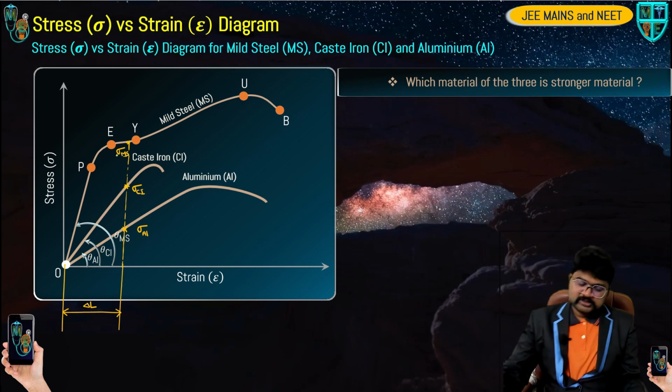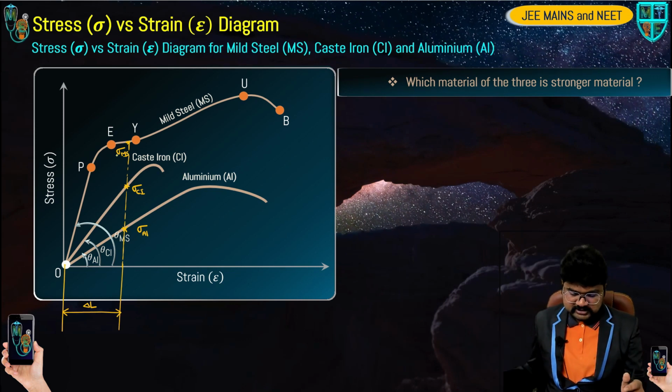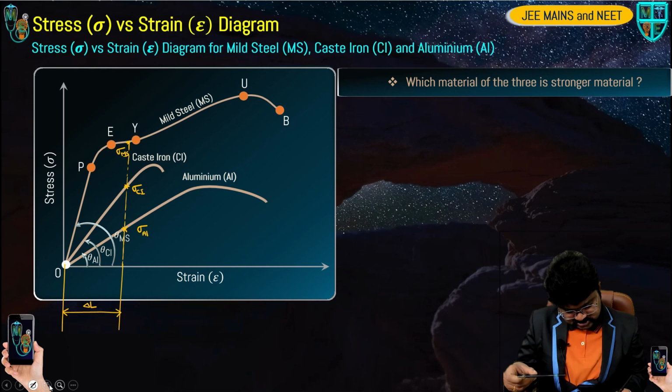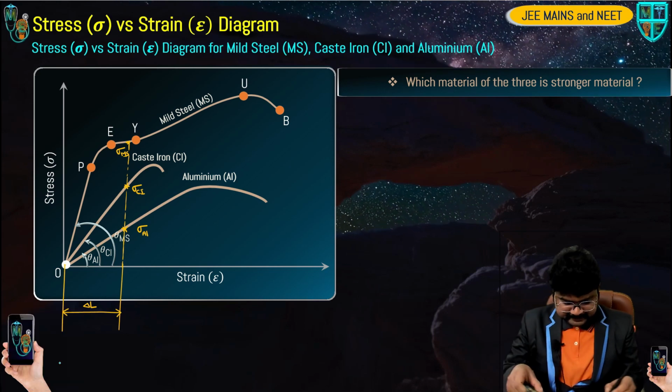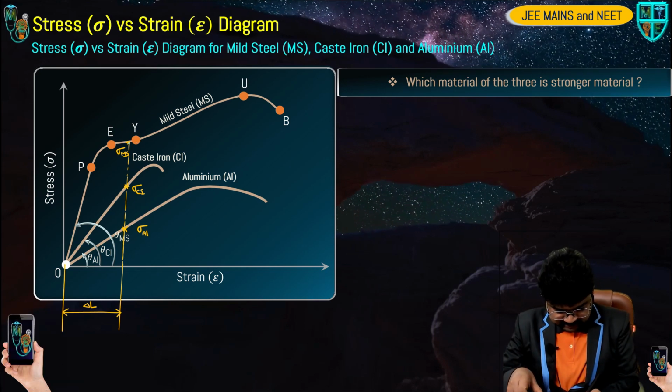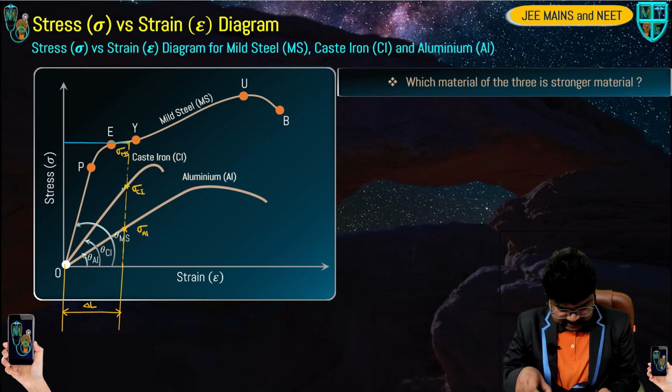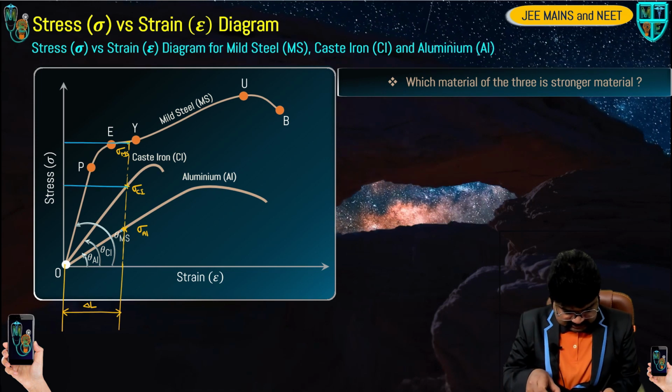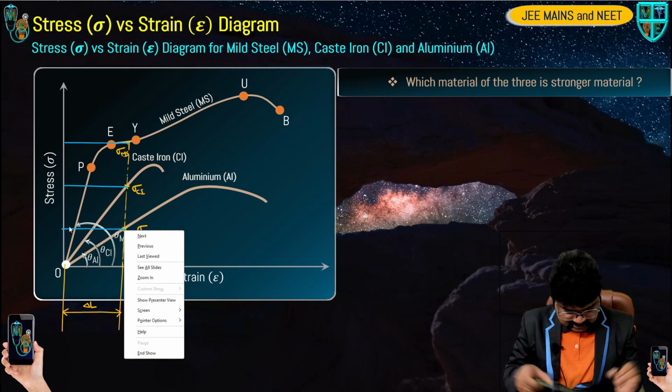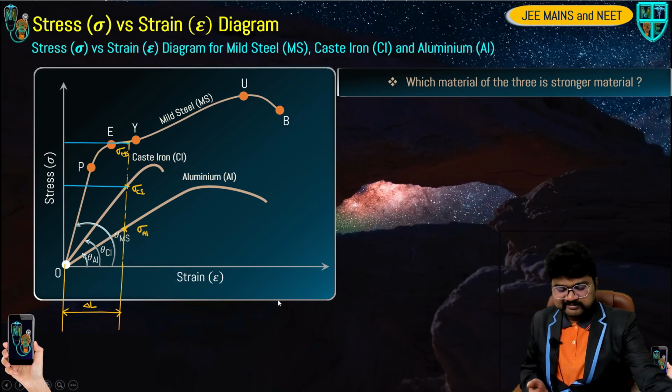From here to here I will be taking the corresponding values, this and this. Understood? So these are the values.